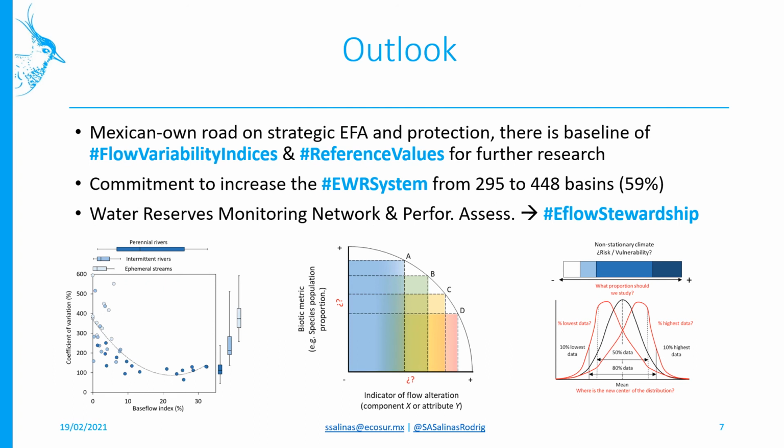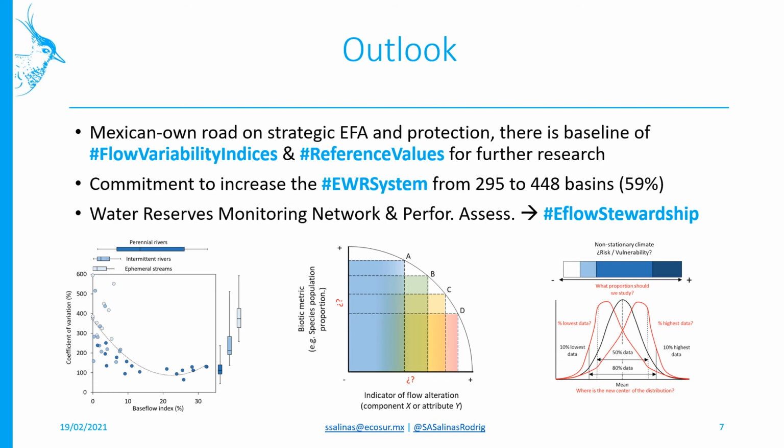To wrap up, in the last 10 years or so, the progress achieved is crystal clear. From really scarce E-flow on-site knowledge without any regulatory instrument to a robust baseline on E-flow variability indices, clear conservation or management objectives, and reference values for further research.